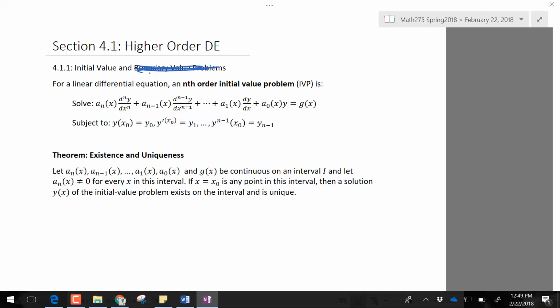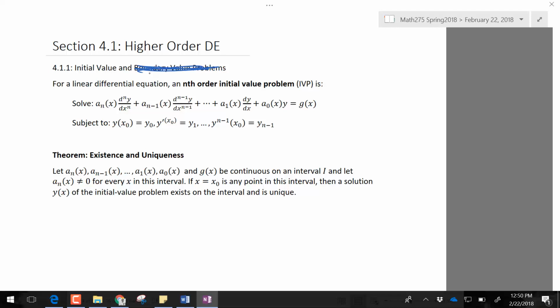And it's linear, so the y's and all the derivatives of y's are not being squared or square rooted or taken the logarithm or a sine or trig function of. Now the x's, your independent variables, can be anything. It can be sine x or cosine x or ln x or any of those weird things, but the y's themselves are not taken to those special functions.